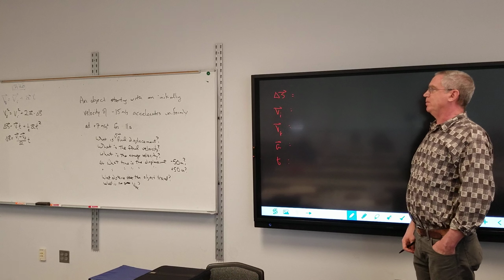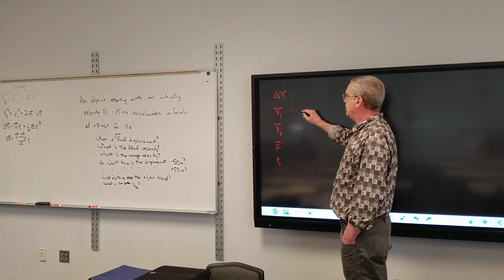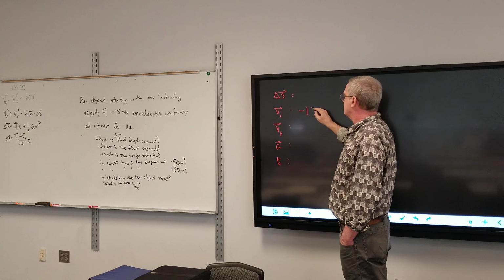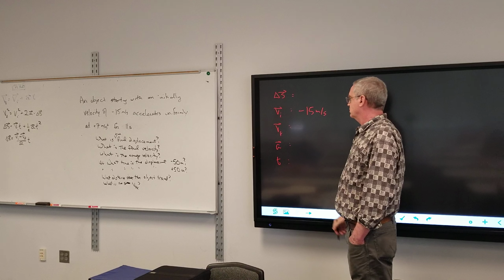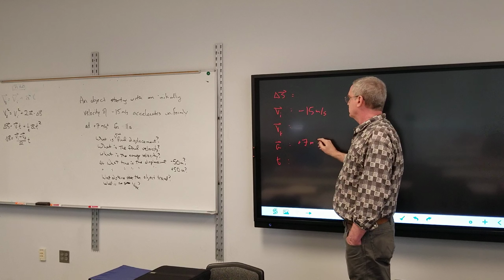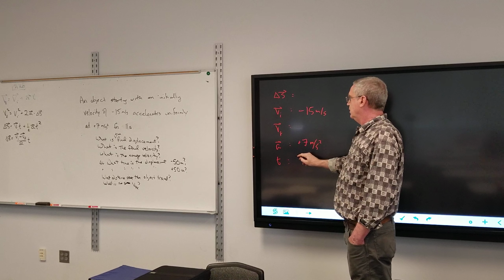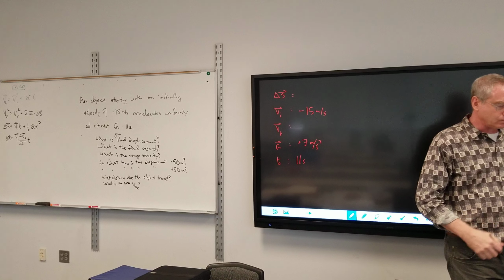What is given in the problem? Initial velocity, which is -15 meters per second, and the acceleration plus positive 7 meters per second squared, and time, which is 11 seconds. All right. We know 3 things, we should be able to find the other 2.